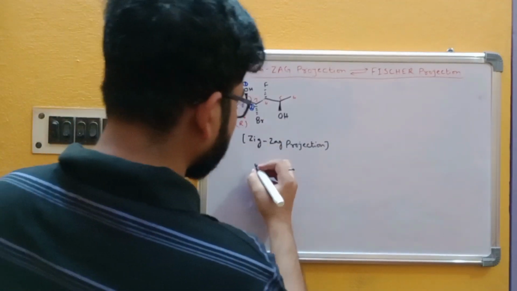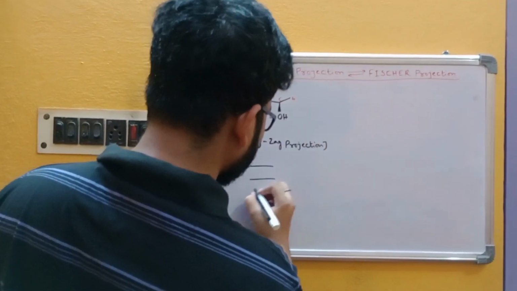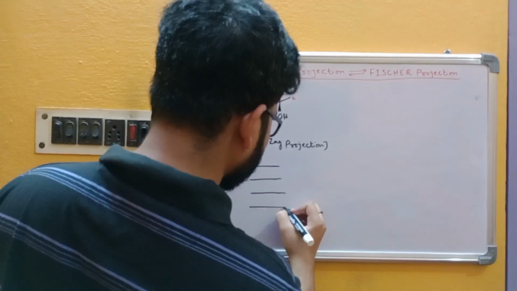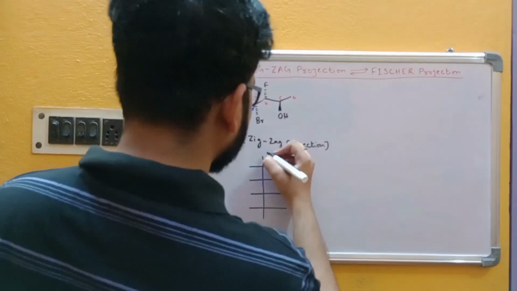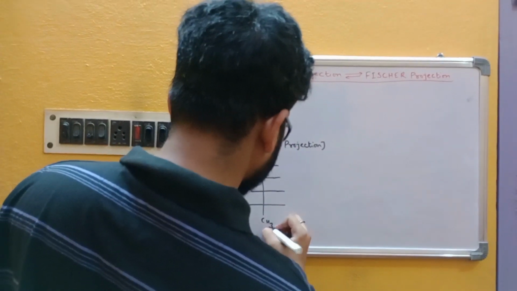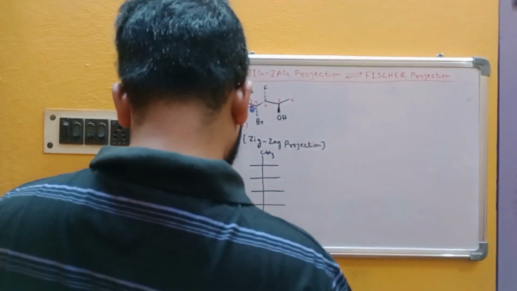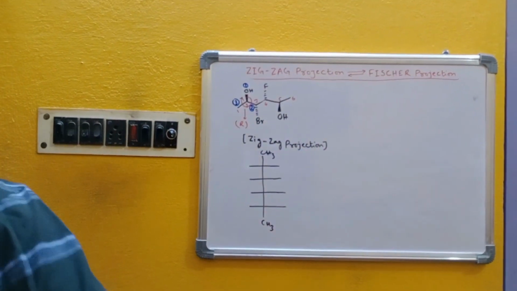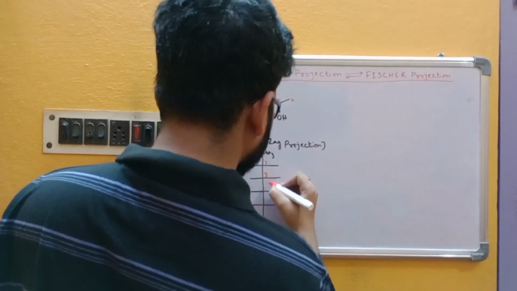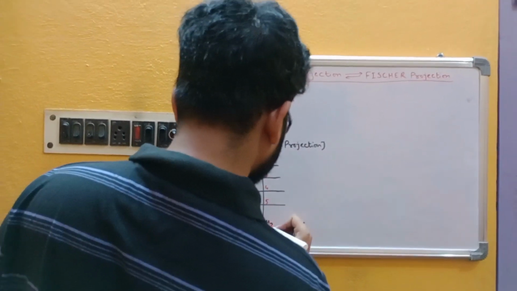Now we draw the Fischer skeleton of this compound. Here is CH3 and here is CH3. This is 1 numbered carbon, this is 2, this is 3, this is 4, this is 5, and this is 6.